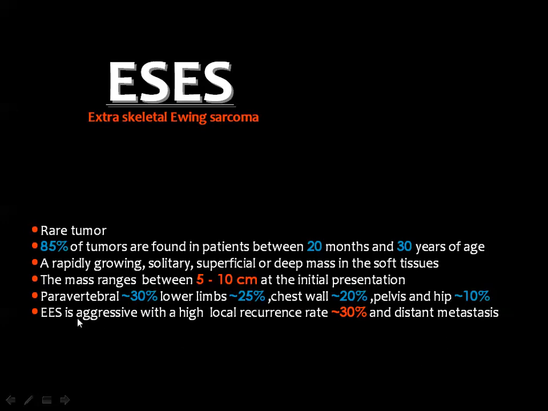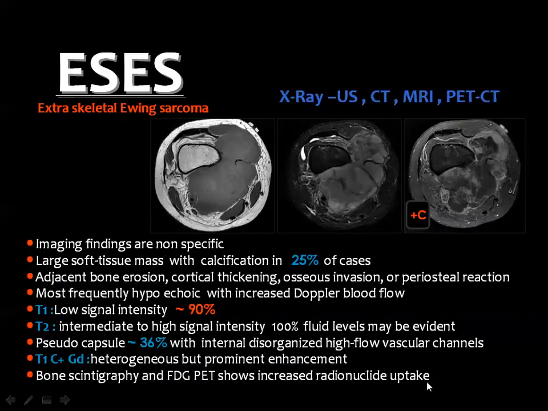Then the extraskeletal Ewing sarcoma is an aggressive lesion with a high rate of local recurrence, reaching about 30%, and also a high rate of distant metastasis. Then if you look here, you can see that the imaging findings are non-specific.